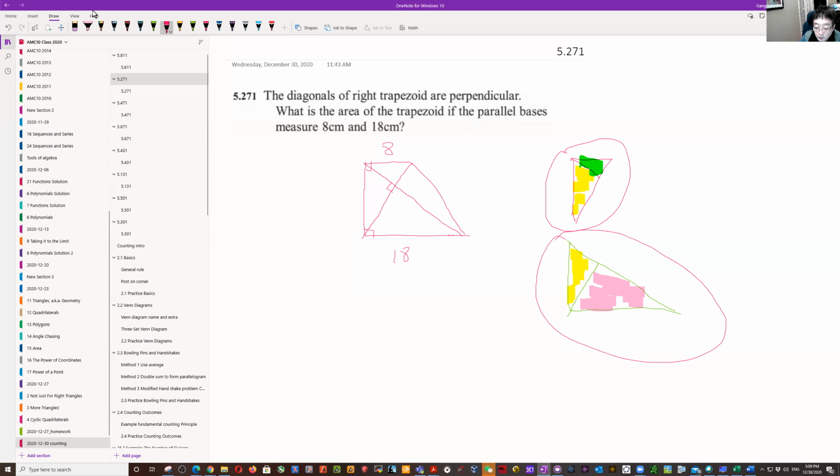So there's a relationship between the smaller big triangle, including the top base, and the big triangle, including the bottom base. And their similarity is established through the yellow triangle, which we can tell.